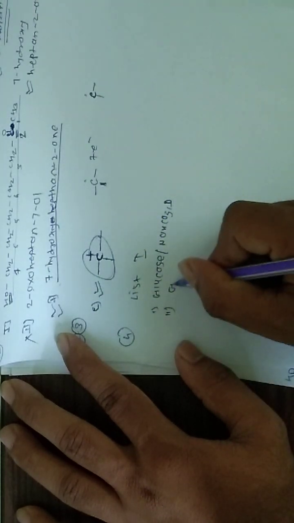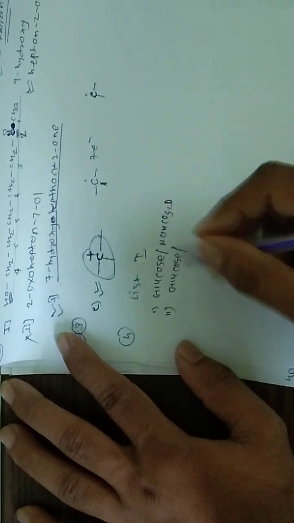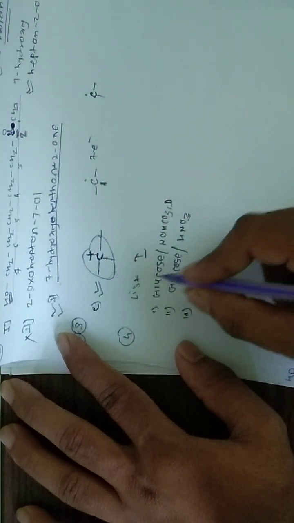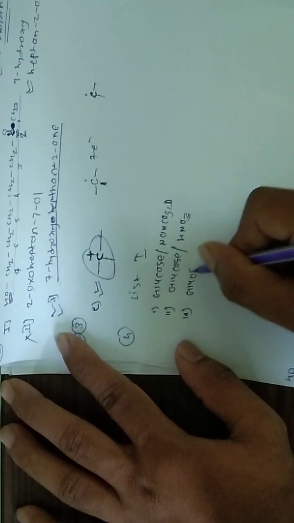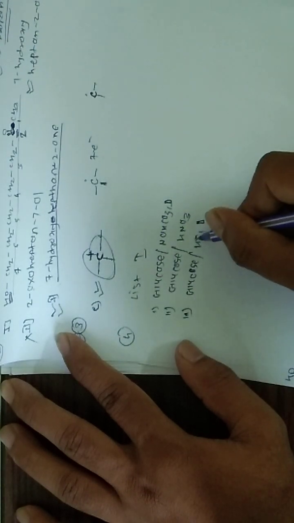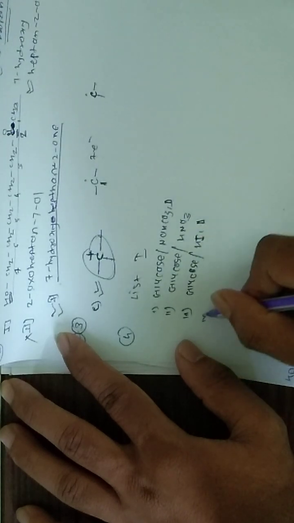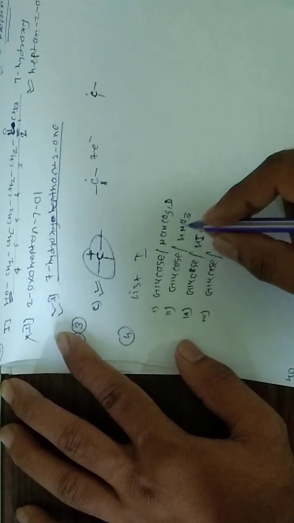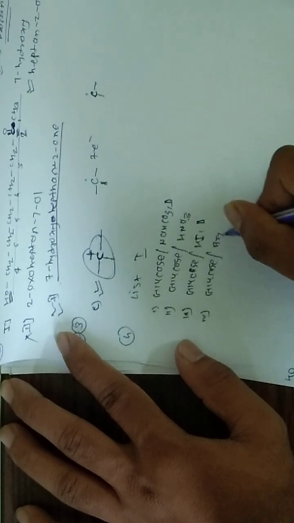Second one is glucose with HNO3. Third one is glucose with HI and heat. Fourth one is glucose in bromine water.